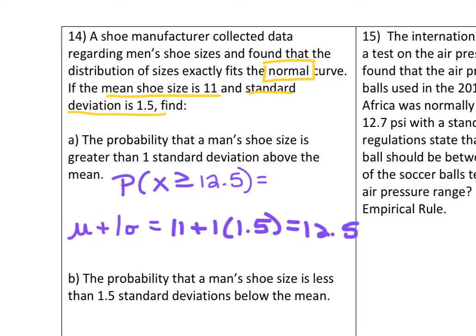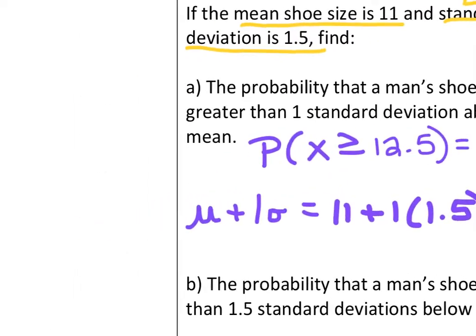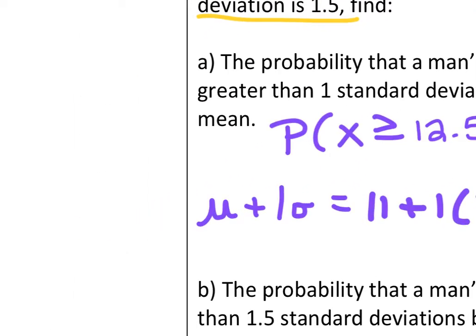And I would use the second VARS normal CDF function in the calculator. Remember though that in this case, 12.5 is your lower bound. So when you're typing this in, lower is 12.5. What you're going to do for the upper bound, because it says greater than, it doesn't say that there's any end to it, so it's going to go to infinity.